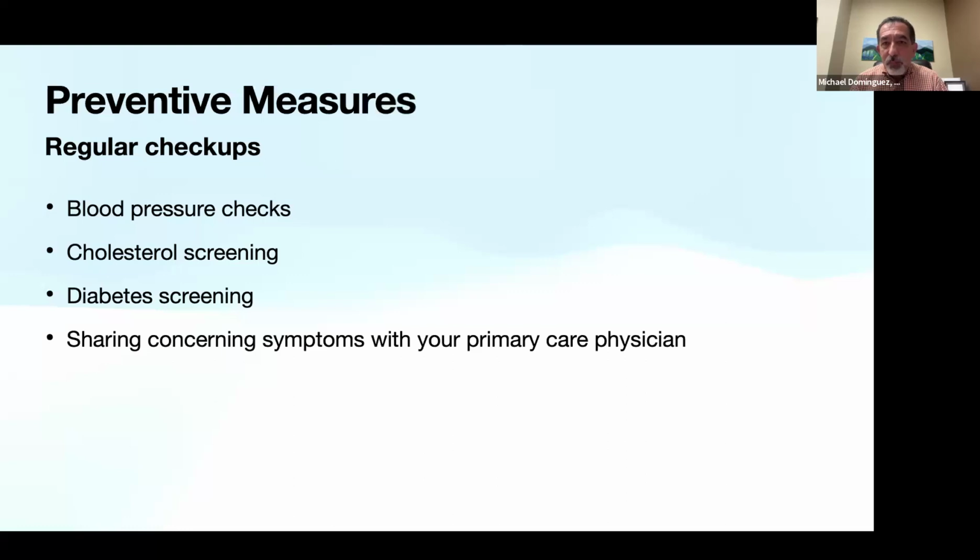If your legs are starting to swell, if you are getting winded doing things you used to be able to do without a problem, your doctor needs to know about that. And obviously, worst case, if you're starting to have chest pain when you're doing the things you used to do without a problem, your doctor needs to know about that so you can have a conversation about how to address it, how to find out exactly what's going on.